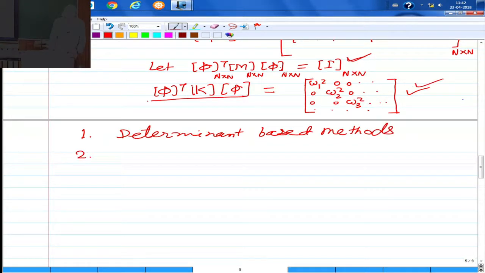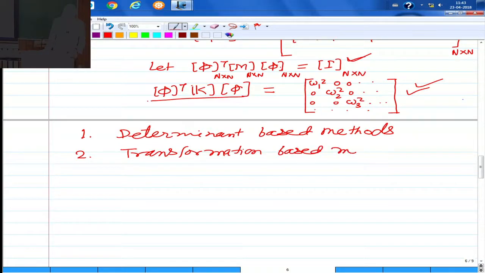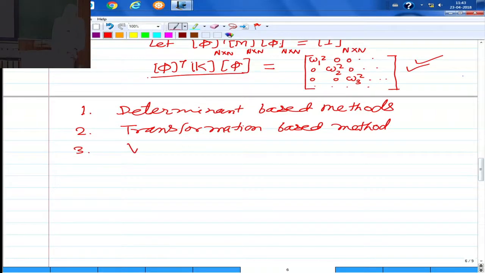Second is whatever I just talked about here, known as transformation based methods. That means we want to finally diagonalize the mass and stiffness matrix. And the third are known as vector iteration based methods. That means we assume an initial modal vector and then try to improve on it. So we are iterating on that.